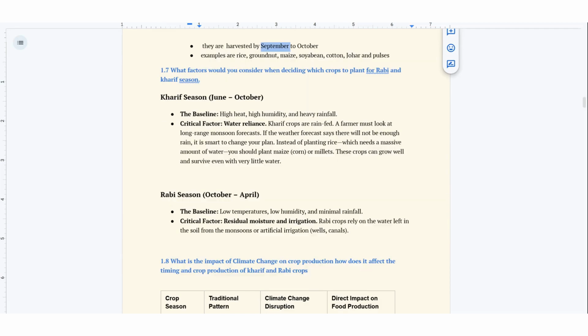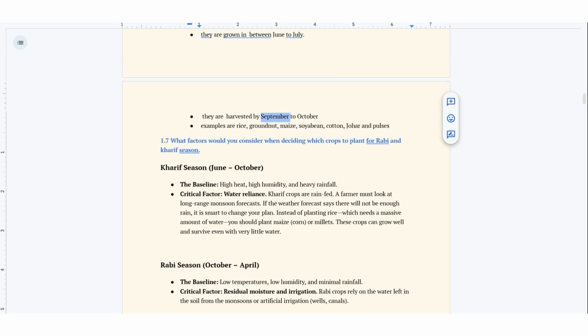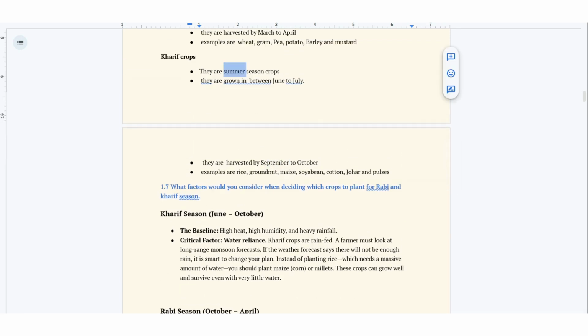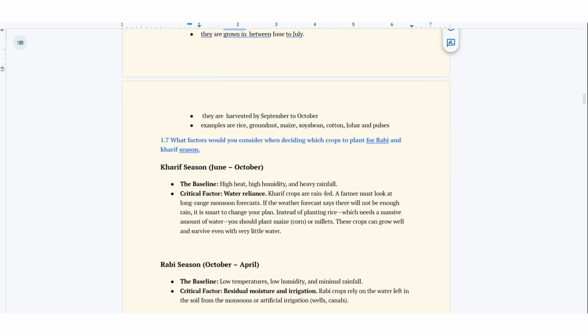So the question can be twisted and asked, what factors would you consider when deciding which crops to plant for Rabi and Kharif season? So, like said, Kharif crops are summer season crops.